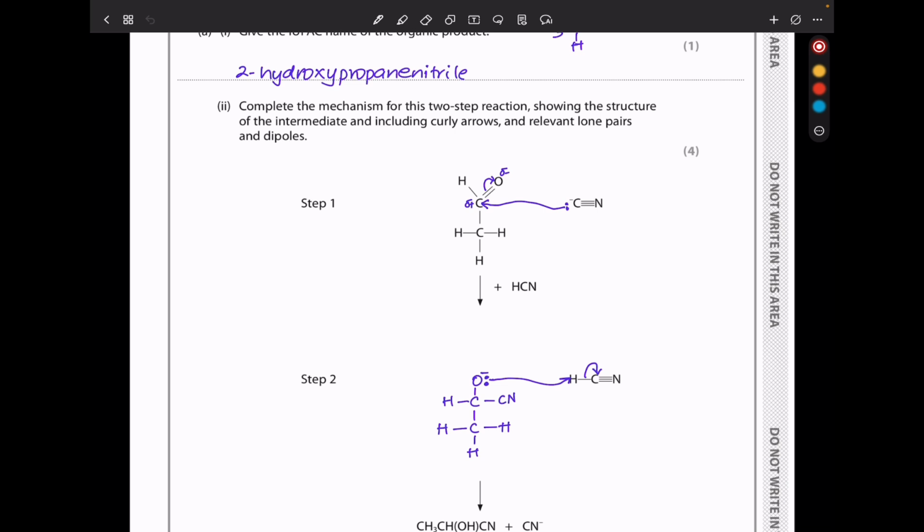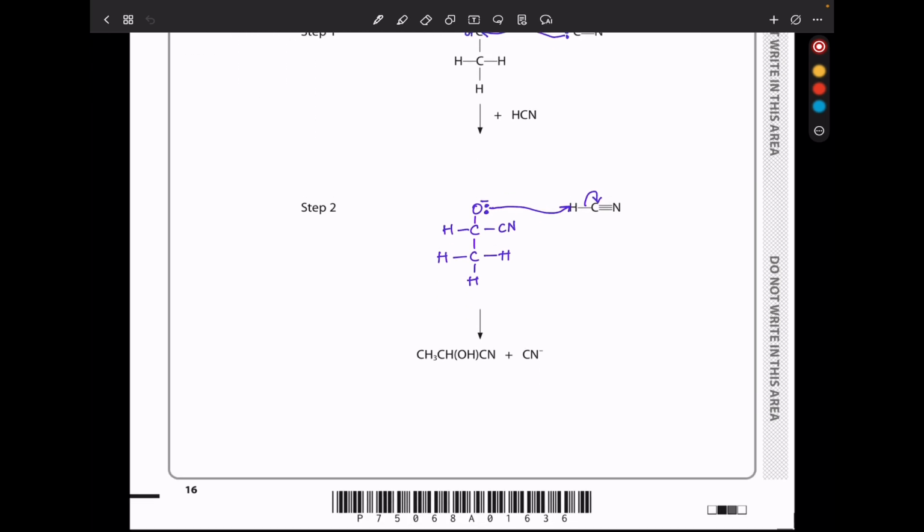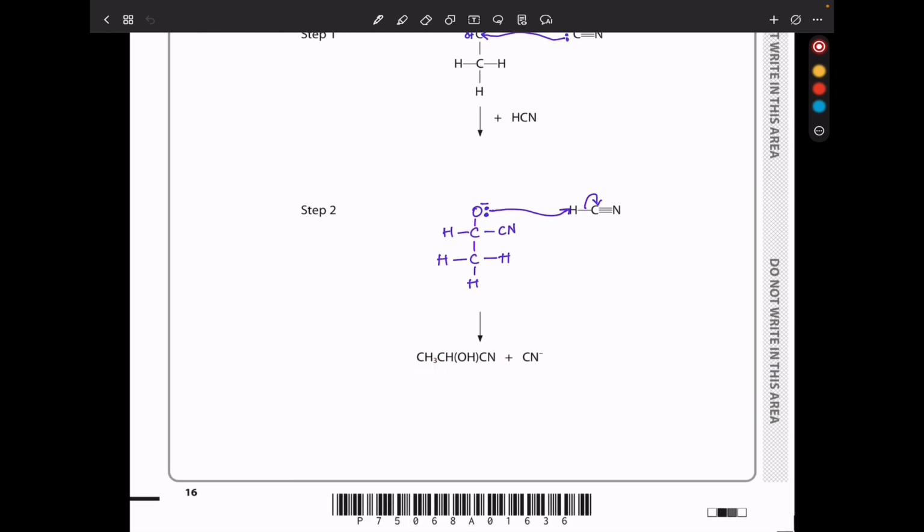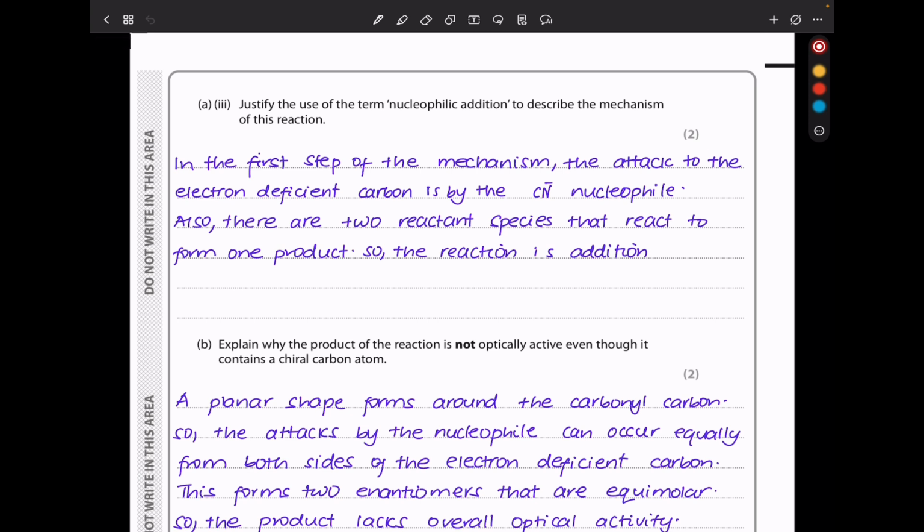The lone pair of electrons on this oxygen is going to be donated to that as that bond breaks. So this hydrogen attaches here, creating OH, and this is our final product. They say justify the use of the term nucleophilic addition to describe the mechanism of this reaction. It's nucleophilic because a nucleophile attacks, so that is the mechanism.